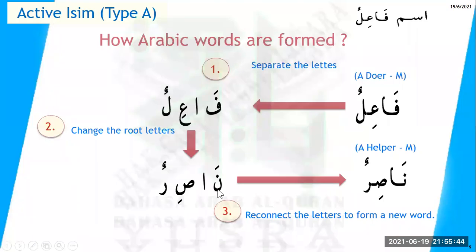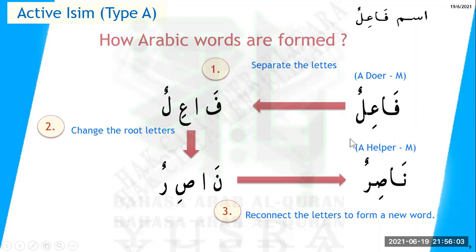Now we repeat how Arabic words are formed. We have fa'ilun and nasirun, which become the active word. It's called active isim type A, or the Arabic term is fa'il.